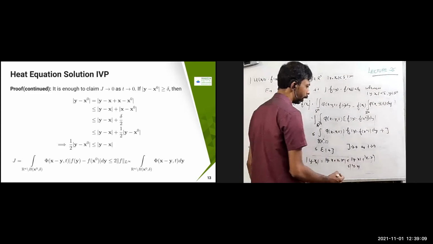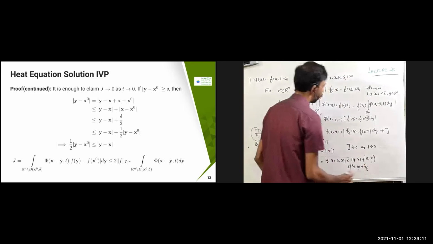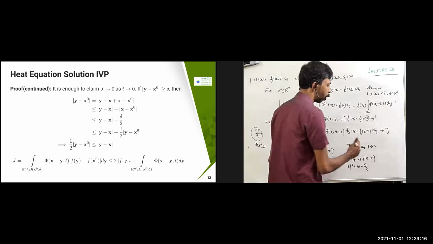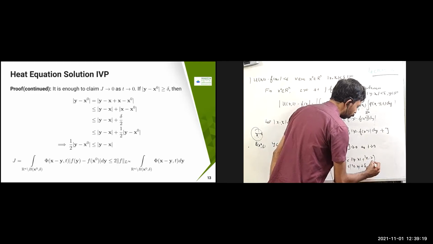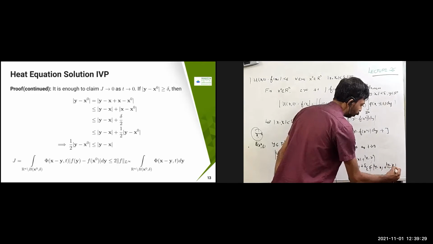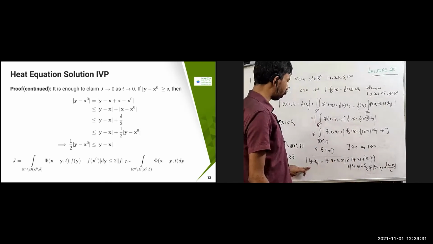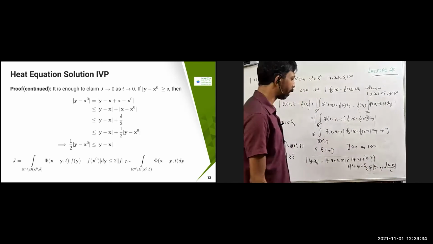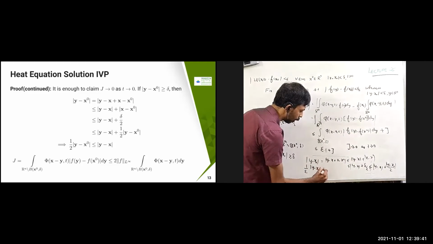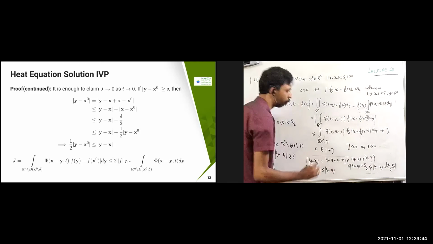Therefore, half of |y - x_0| is less than or equal to |y - x|.